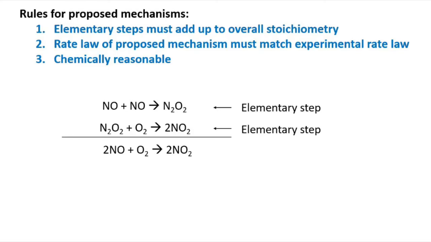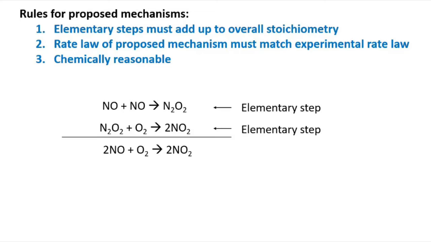We said before that you have to measure the rate law for an overall reaction with experiments, like the method of initial rates or using the integrated rate law. And so for a particular mechanism to be reasonable, its predicted rate law needs to match the experiment. The individual steps also need to be what we call chemically reasonable.